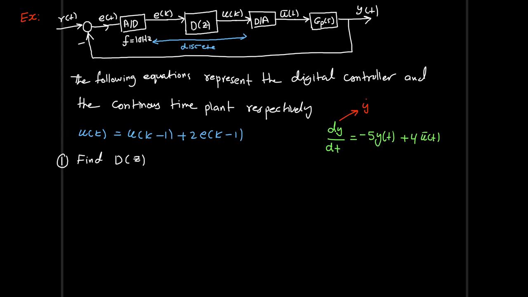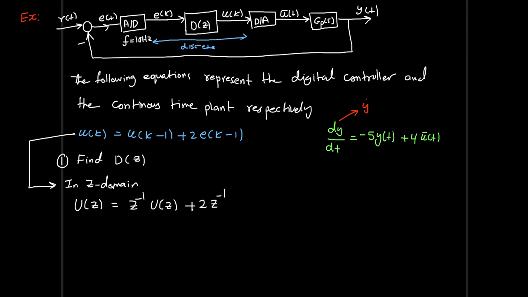Now this difference equation in z domain can be read as U of z will equal to z minus 1 U of z plus 2 z minus 1 E of z. Now from the block diagram, D of z represents the relation between u and e.